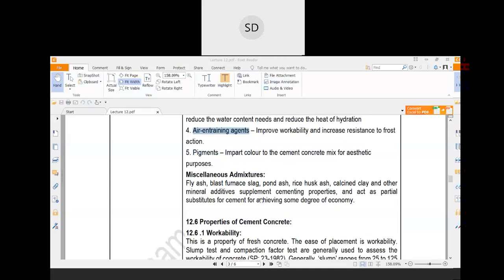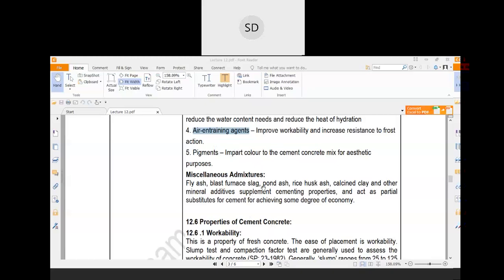Apart from this, there are other admixtures also like fly ash, blast furnace slag, pond ash, rice husk ash, calcined clay, etc. These types of admixtures are used to reduce the quantity of cement in the mix, and it is very economical to use such material in replacement of the cement.